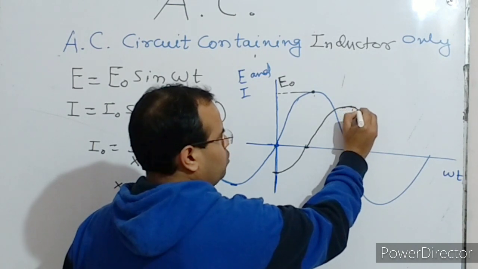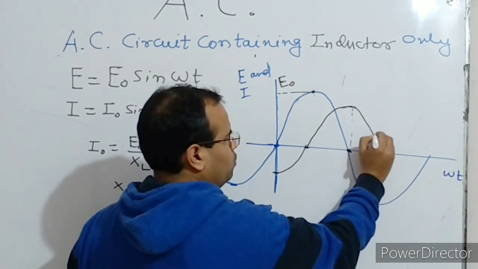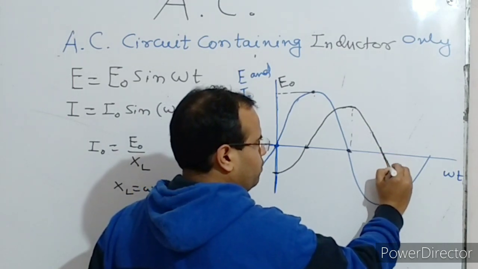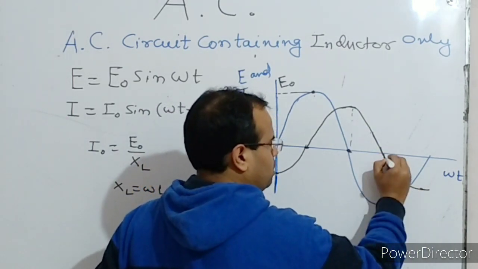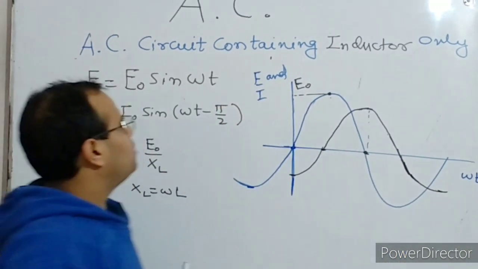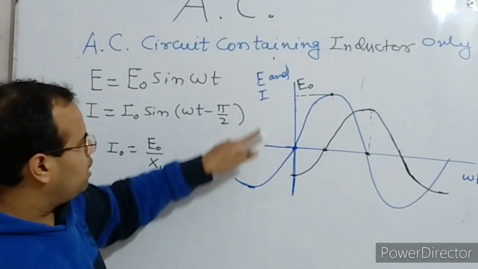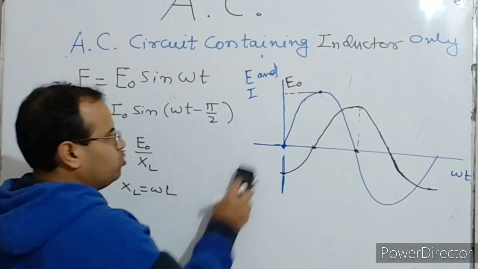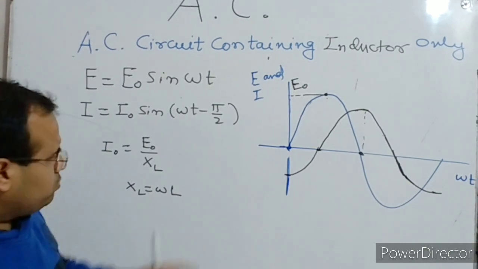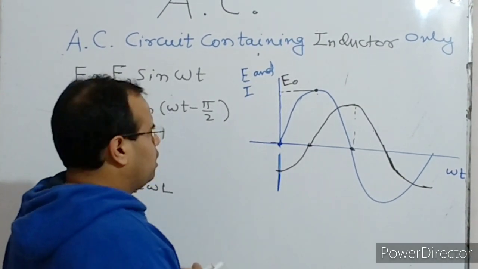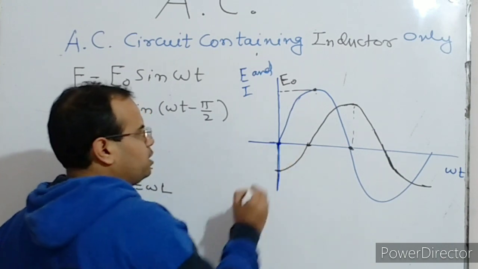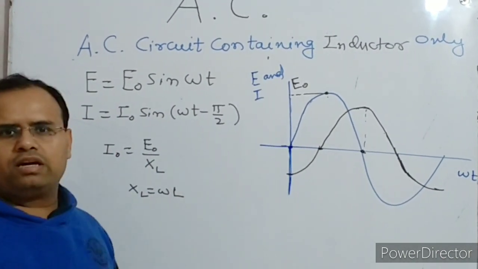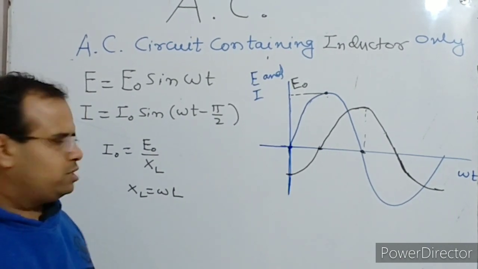So like this it goes, then here its value is like this, and then at last its value is this. So this is how you can represent the E and I graph. This was just for reference; we don't need to plot it again. You can see the relation between EMF and current, and graphically we can represent them like this.